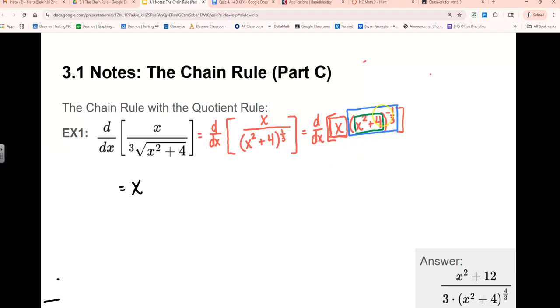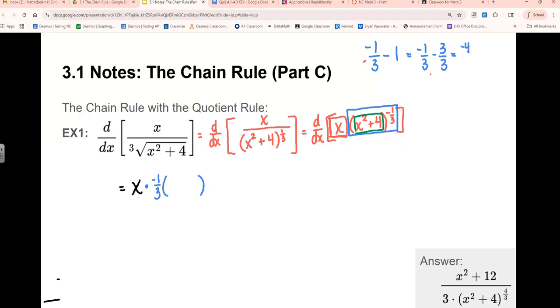Then I've got to take the derivative of the blue box. So that is going to be, make sure you put multiplication here, negative 1/3 times the stuff to the what power? Negative 4/3. We're doing negative 1/3 minus 1, which is going to be negative 1/3 minus 3/3.